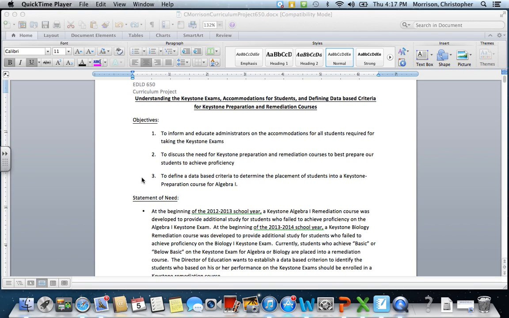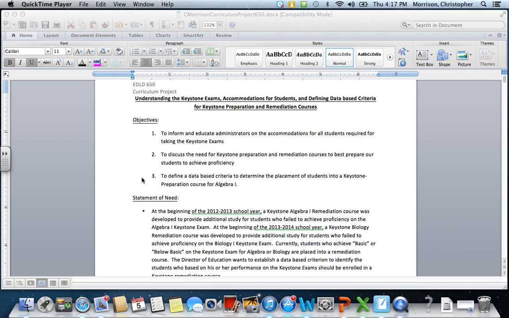Over the summer of 2013, the director of education created the 2 remediation courses, and any student that achieved basic or below basic was enrolled into the remediation courses. But what she wanted was a system based on data that would select what students need the remediation course.